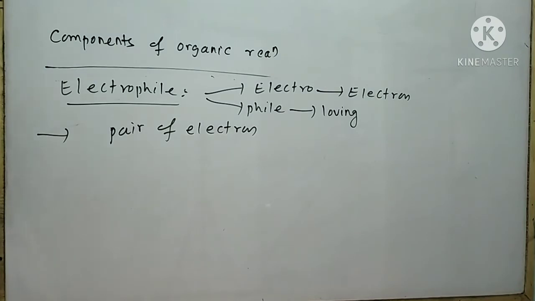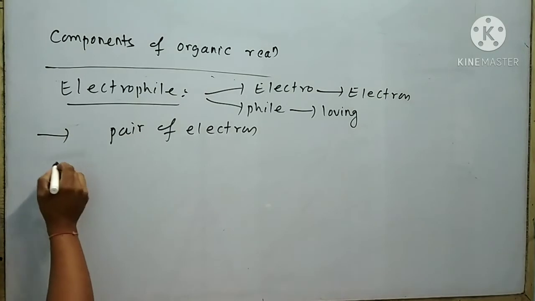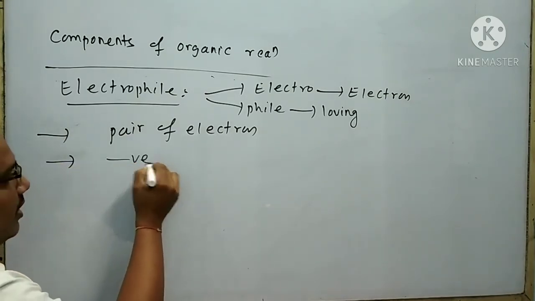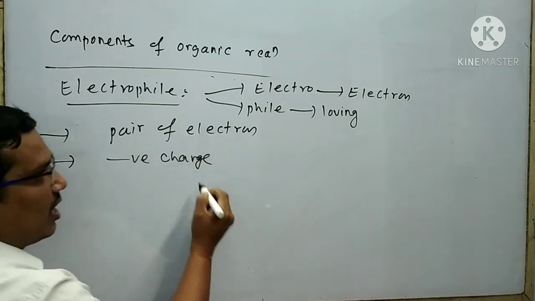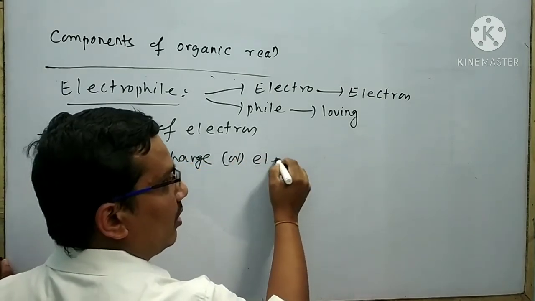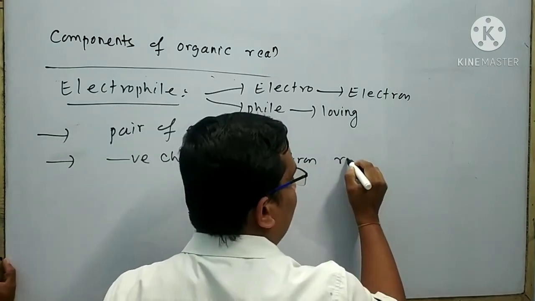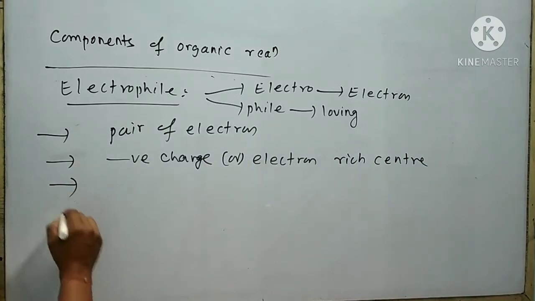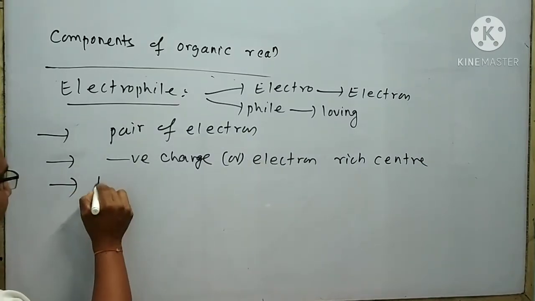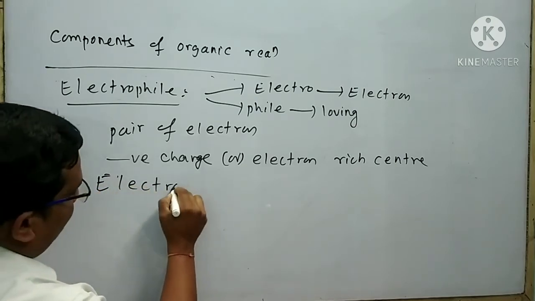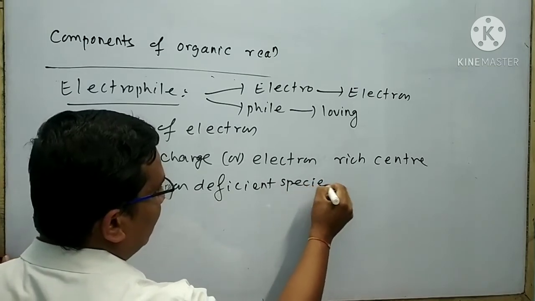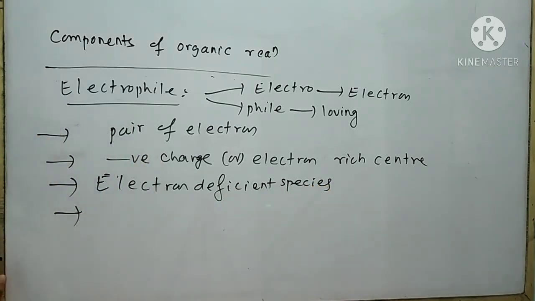That means an electrophile can accept a pair of electrons from other species. Electrophiles have higher affinity towards negative charge or electron rich center. Electrophiles are electron deficient species.